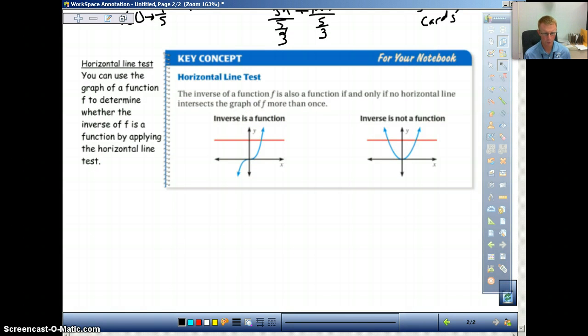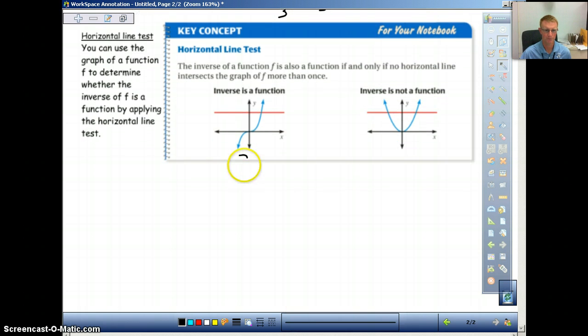So when we dealt with regular functions, both of these are f. So this is our f, and this is our f right here. These are not inverses, these are just our f. Normally, if I wanted to find out if f was a function, we would do what we call the vertical line test.